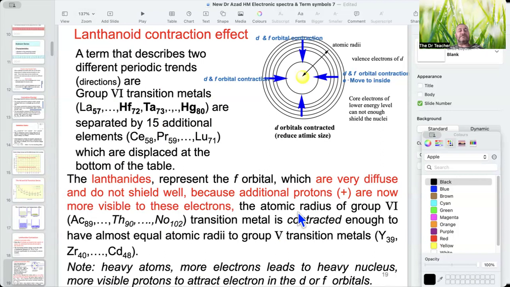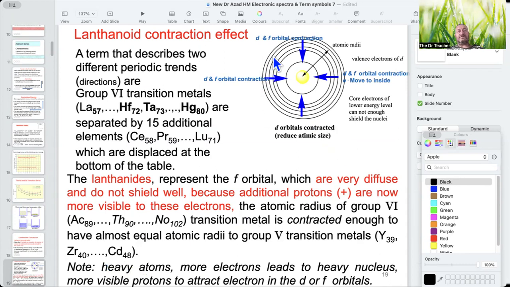So the atomic radius of a group 6 transition metal is contracted enough to be almost equal to group 5 transition metals, yttrium to cadmium.